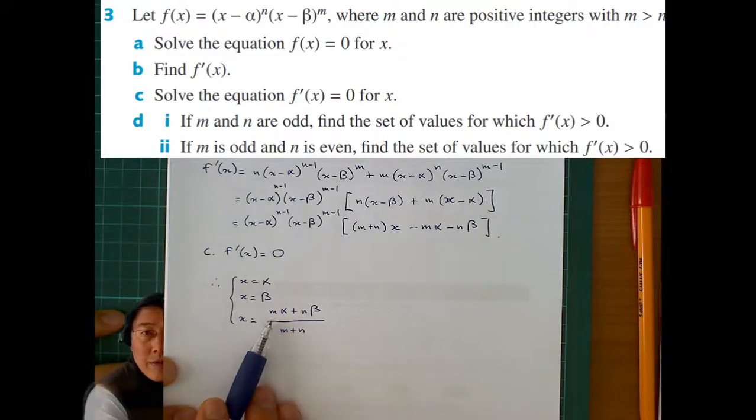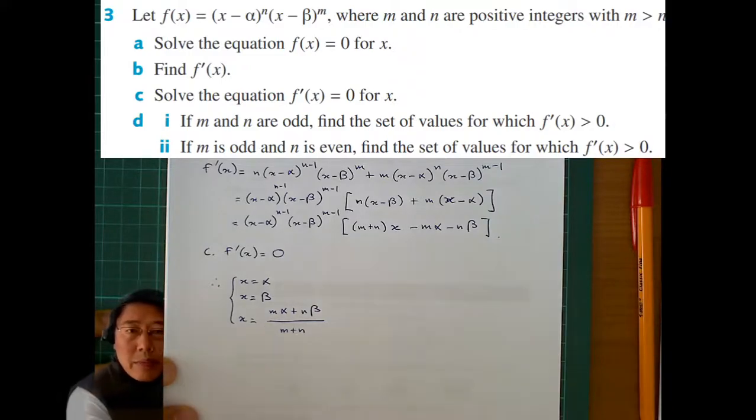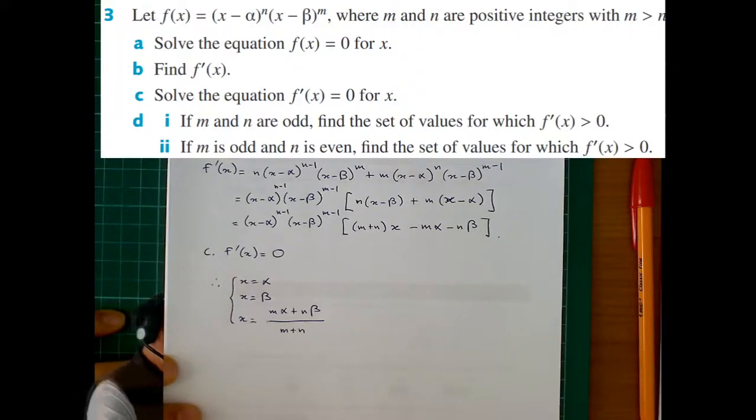So there's a few more pieces of information. So m and n are positive integers. m is greater than n. Do we know anything about the values of alpha and beta? Like, are they just real numbers?